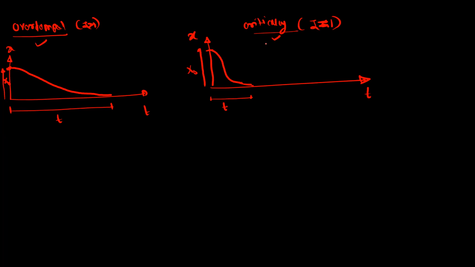So such type of system, overdamped system, these are used in automobiles to design the shock absorber. Also, they are used in the door closing mechanism.